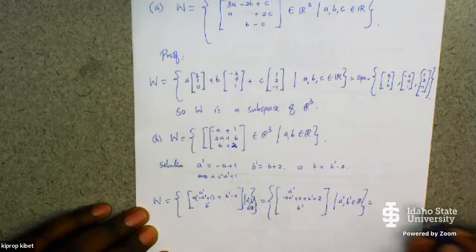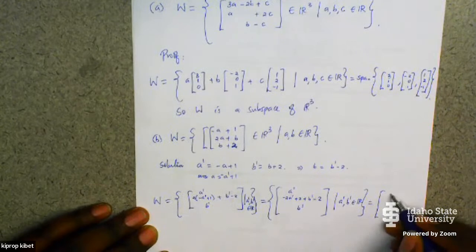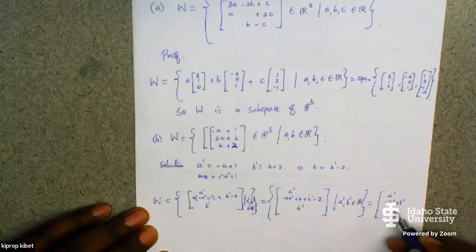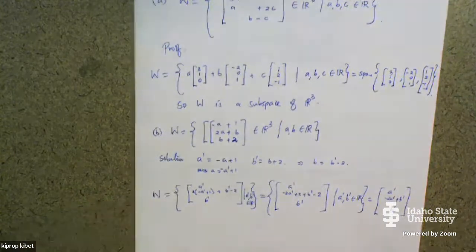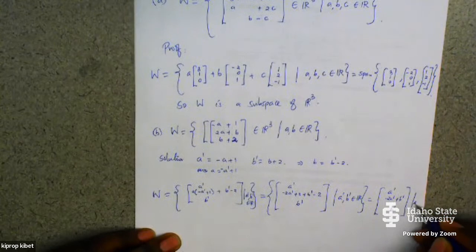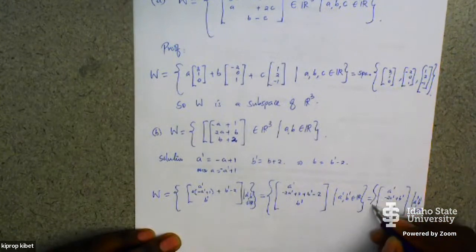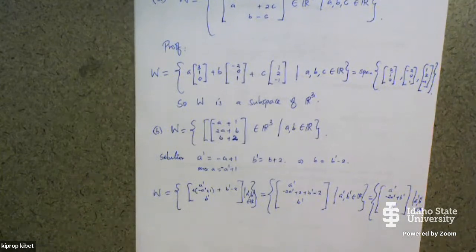Then finally, this is A prime, the next one is minus 2A prime plus B prime, and the last one is B prime. Are you seeing that? Say that A prime and B prime are elements of real numbers. So if you use the subspace sets there, it is still satisfying the first.